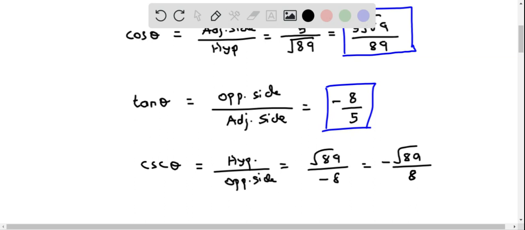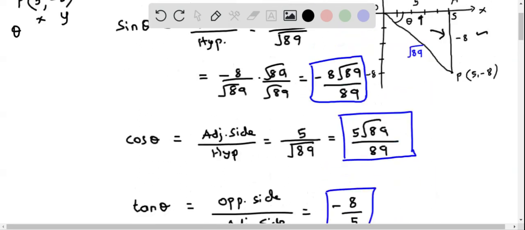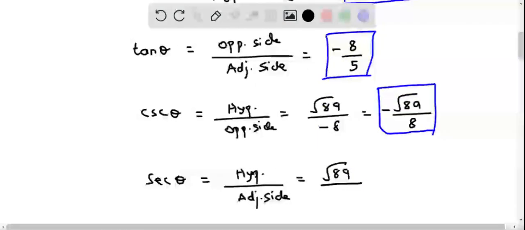So this is the value of cosecant theta. Now we will find secant theta, and this equals hypotenuse over adjacent side. The hypotenuse length is square root of 89 over the adjacent side to theta, which is 5. So we write square root of 89 over 5, and this is the value of secant theta.